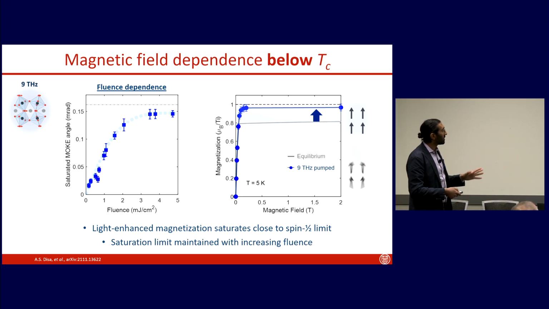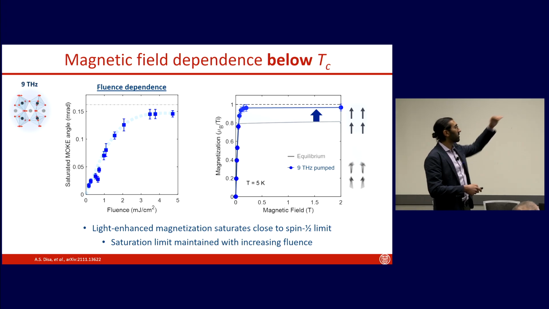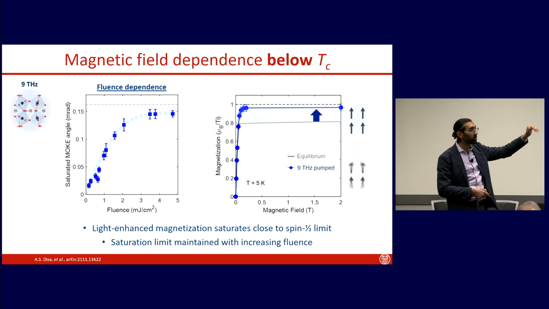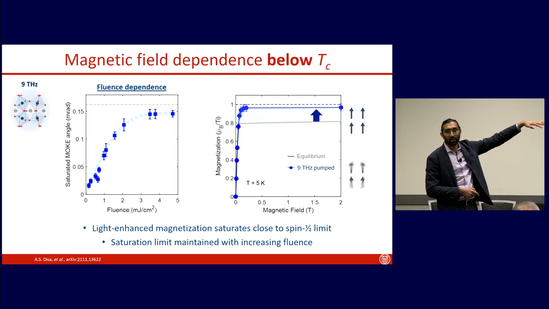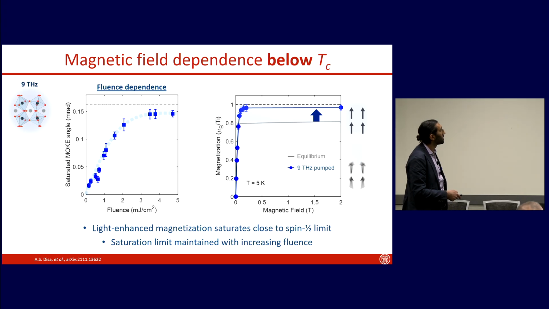What's even more suggestive, I think, is that this spin-1/2 limit is maintained even when you increase the fluence. Even at our highest pump fluences, we still saturate at that same value. So it seems to be some really hard limit to the system.